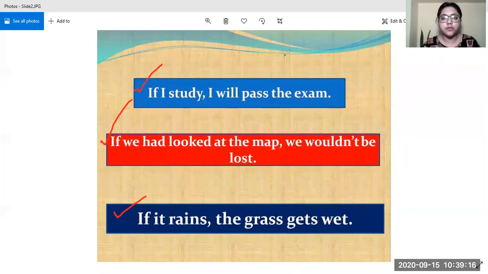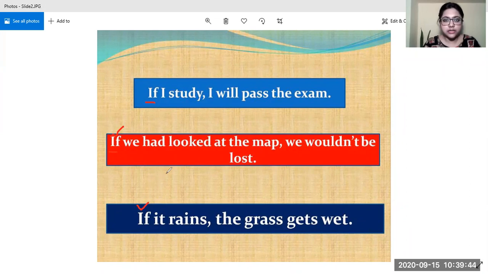Now, what do we observe in these three sentences? All three sentences begin with the word if. When a sentence begins with if, we have two parts.